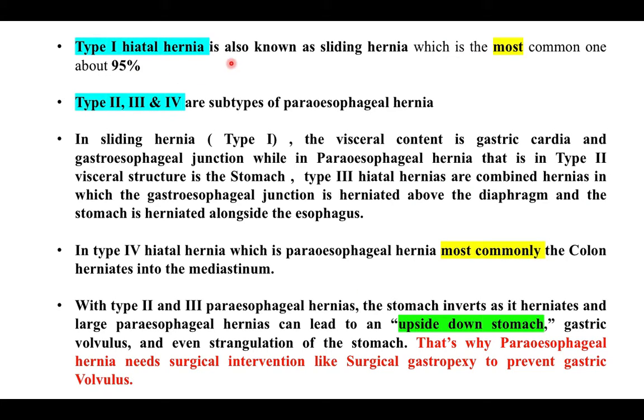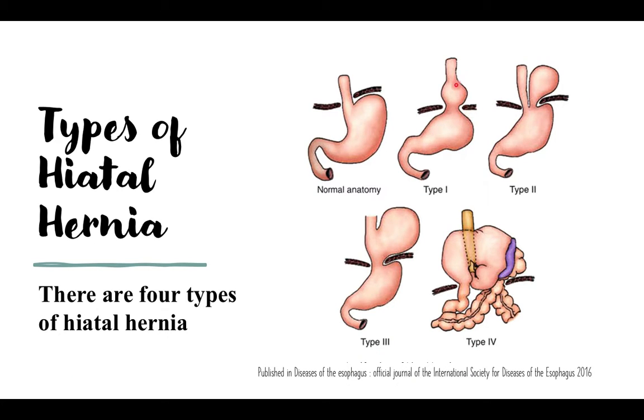Type 1 hiatal hernia, also known as sliding hernia, is the most common, about 95% of cases. The very important point here is that the gastroesophageal junction and the gastric cardia both protrude from the esophageal hiatus into the mediastinum.